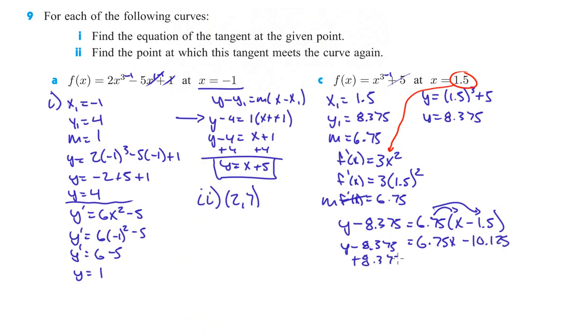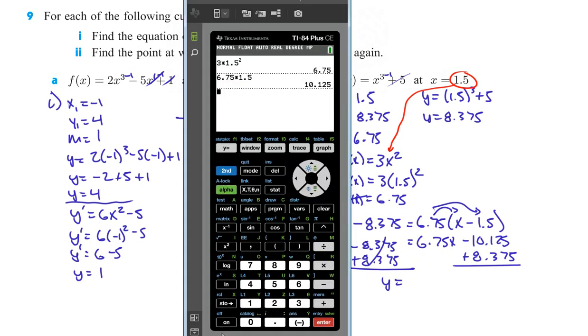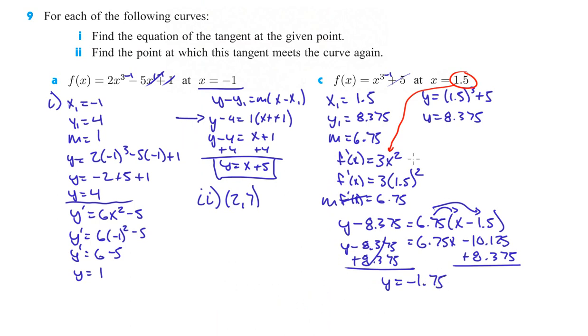Add 8.375 to both sides, and I think that's going to make this answer look a little nicer. y equals, so we really have negative 10.125 plus 8.375, and we get negative 1.75.